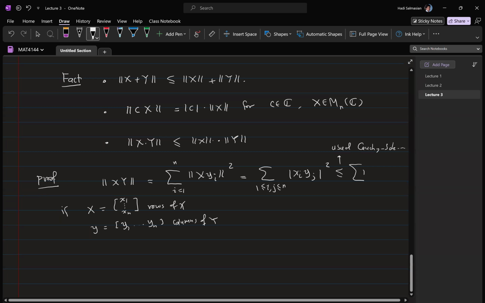So this is less than or equal to the sum of x_i squared times the sum of y_j squared.